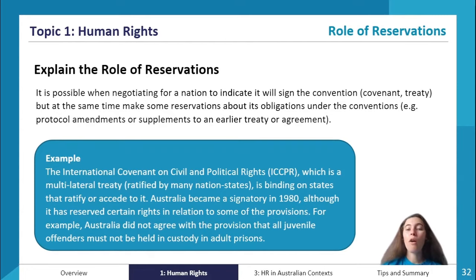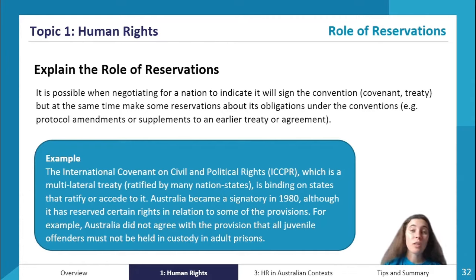So the role of reservations. Now, this is important for what we were just touching on. So when you are negotiating as a nation for a nation to indicate it will sign the convention or covenant or treaty, you may also make some reservations.